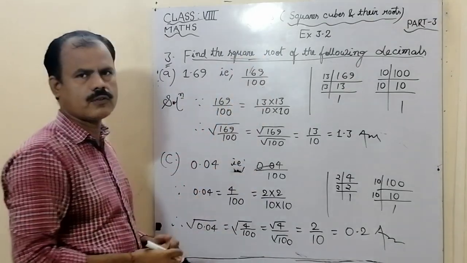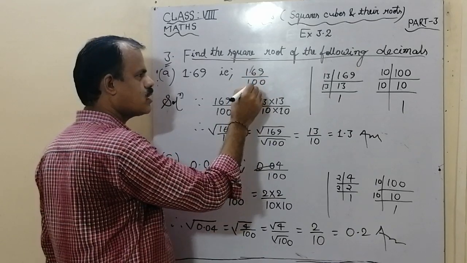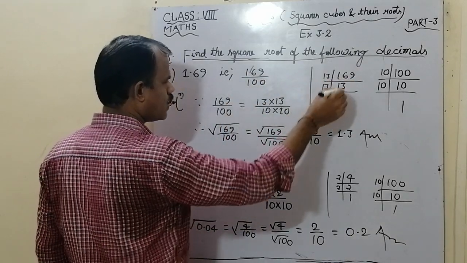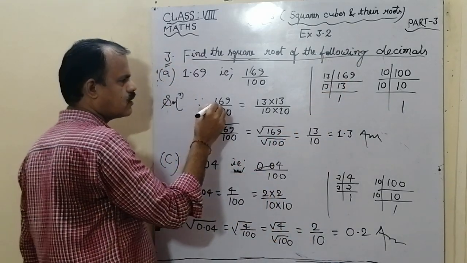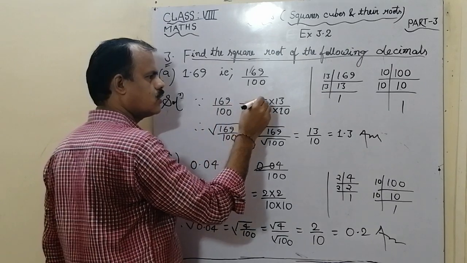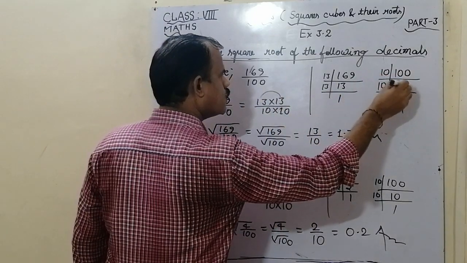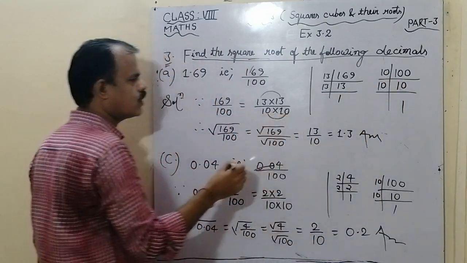So first we have to find the prime factorization of both 169 and 100. So 169, 13 13s are 169, 13 ones are 13. So we can write 169 equal to 13 into 13. Now 100, 10 10s are 100, 10 ones are 10. So 100 equals 10 into 10.